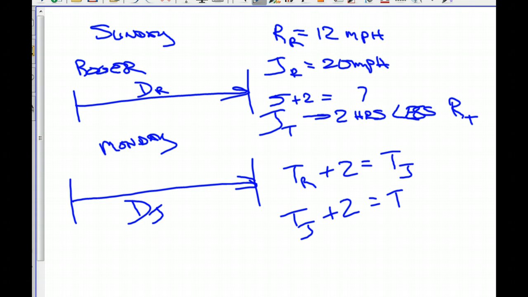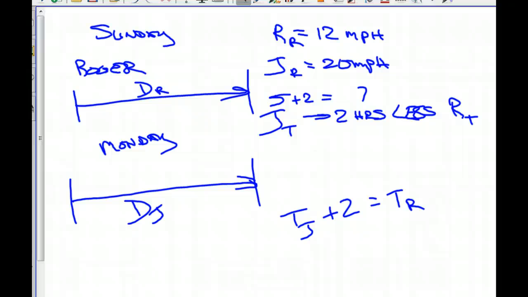Or did you do the time of Roger minus 2? Yes. So because Judy took 2 hours less, in order for it to be the same amount of time, we have to add 2 hours to her time. That seems to be the confusing part of these, whenever something is less than another, making them equal.